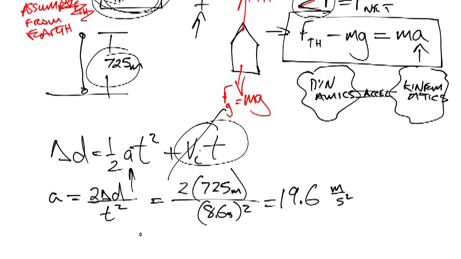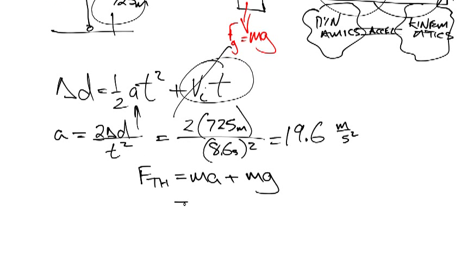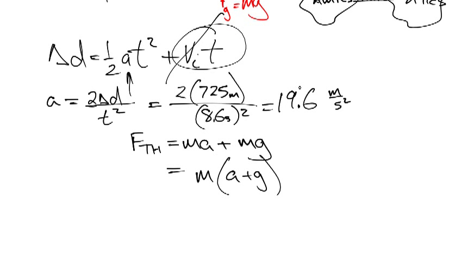And when I do that, I get the thrust force is equal to ma plus mg. You see that? Take this term to the other side, and it becomes a plus. In fact, now I can simplify it even further. I can factor out the m, and I can go a plus g, and that's even easier. Nice.